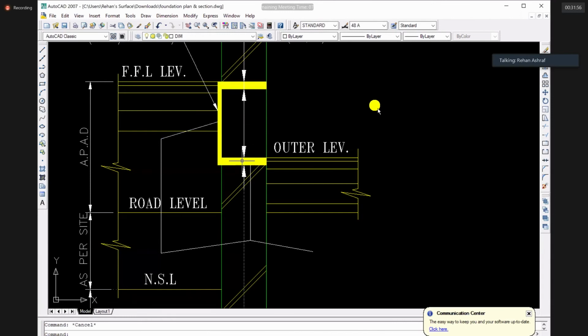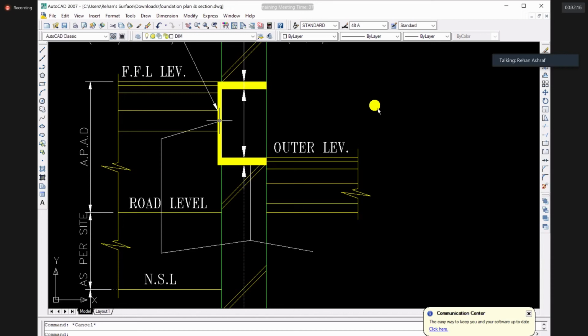And if any of these two layers fail, vertical DPC or lower horizontal DPC, then this would be the second line of defense. The upper horizontal DPC would be second line of defense, and it would stop the moisture from rising up, right?